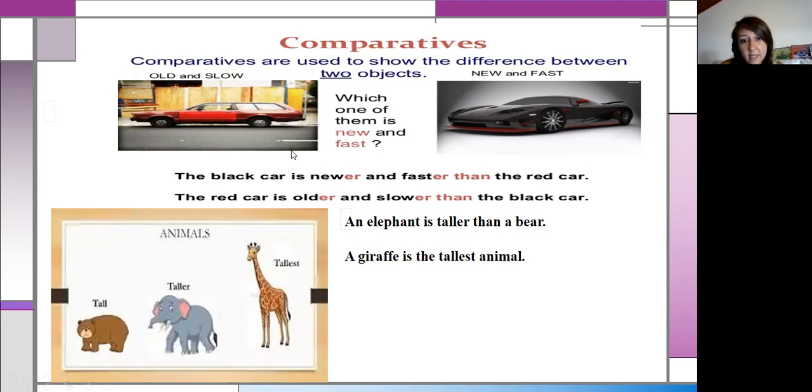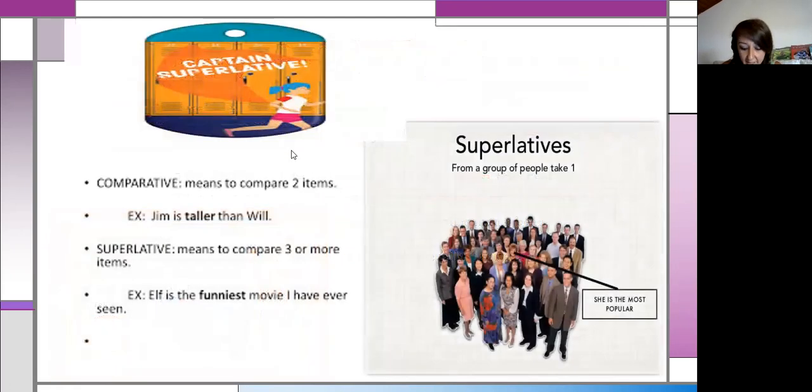Let's continue with superlative. Superlative shows the highest grade of a quality. We are telling you that this one is number one, this one is the best. The way that we make superlatives: you have two choices.